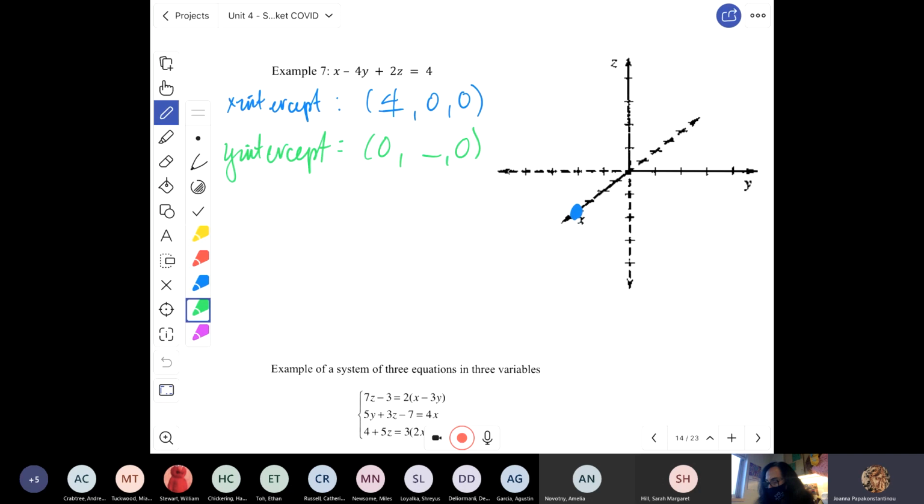What is my y-intercept? 0, -1, 0. And where am I going from the origin to graph my y-intercept? And last but not least, let's graph the z-intercept. Let's find it.